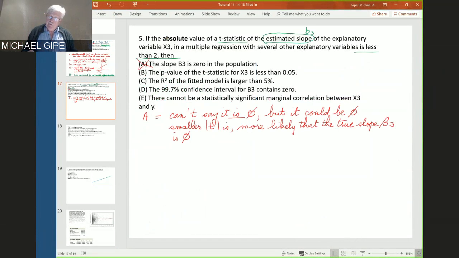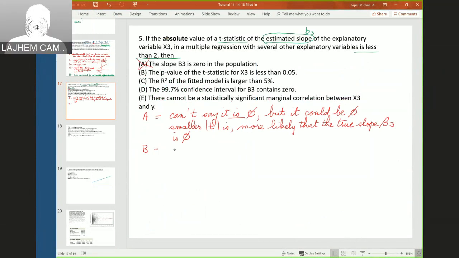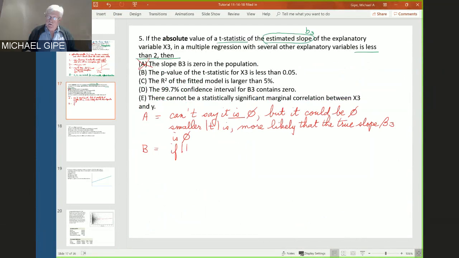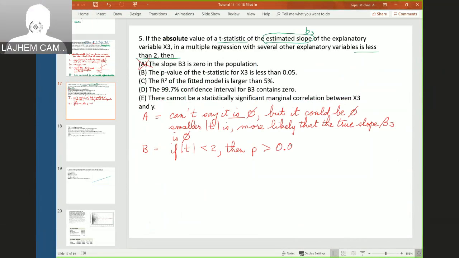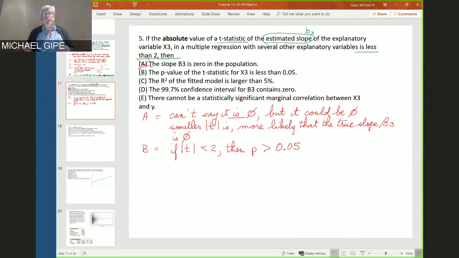How about B? The p-value of the t-statistic is less than 0.05. Well, remember, if the t-stat is less than 2, then the probability is going to be greater than 0.05, right? If the t-stat is 2, you're 2 standard errors away from the null.